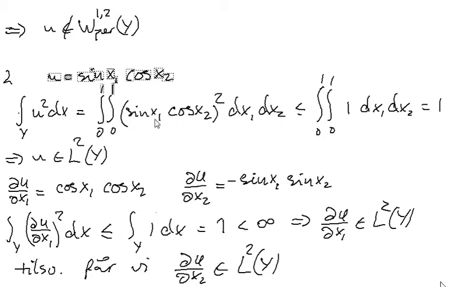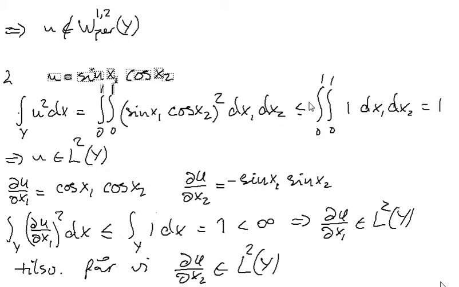this integrand is of course less than 1, because sine and cosine are both less than 1, and squaring it gives us a positive value, so we are sure that this value must be between 0 and 1.